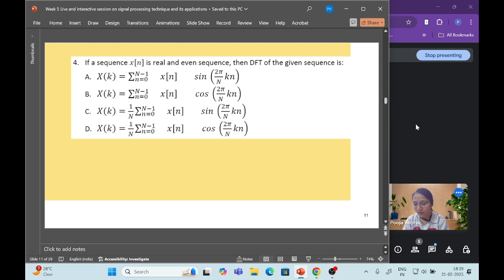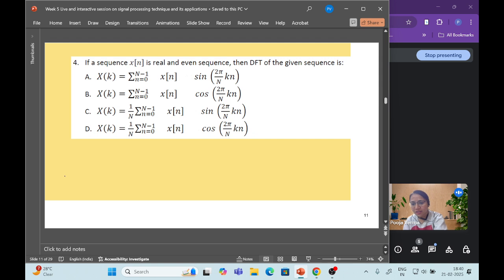So here it is given that the sequence x of n is real and even. So what will be the DFT of the corresponding signal? If the sequence x of n is real and even, then its DFT must follow this property. That means the DFT x of k is real valued.